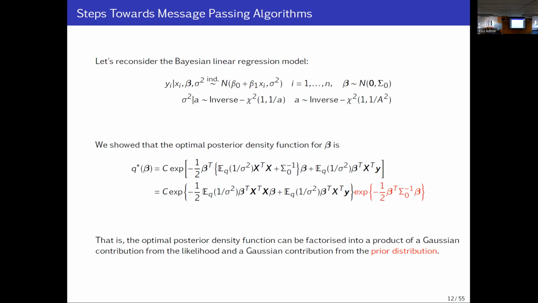This shouldn't come as too much of a surprise, because this is what you do in standard Bayesian inference: you have your likelihood specification, you multiply it by your prior, and you do some marginalization. So that's not too surprising, but it means that you can take advantage of this factorization here.